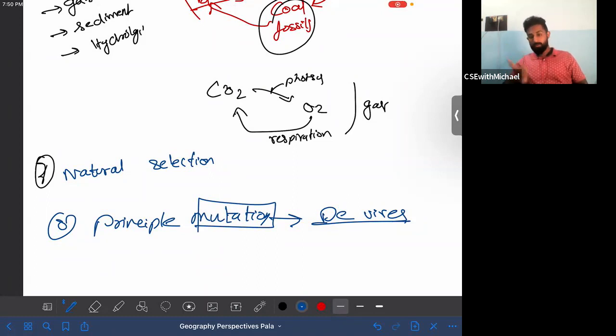So it is not a gradual process, as we have been saying. Within one particular generation, there can be sudden and conspicuous, marked changes. This phenomenon is known as mutation.